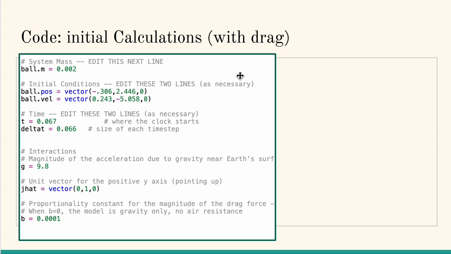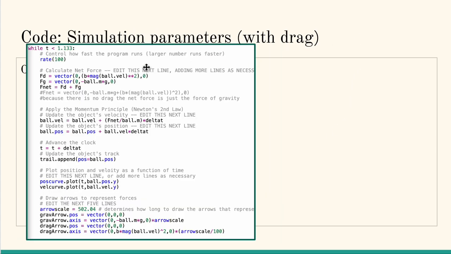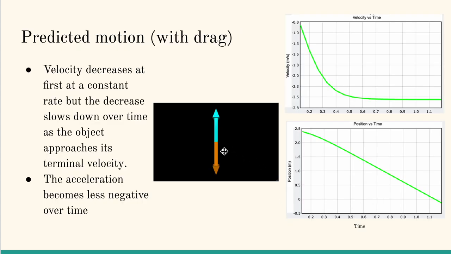So when we include drag in our calculations, our initial conditions don't really change, but what does change is our simulation conditions, where you see we have accounted for the force of gravity and we've accounted for the force of drag in our calculations, and you can see that in our free body diagram as well, where this is the force of gravity and that's the force of drag.